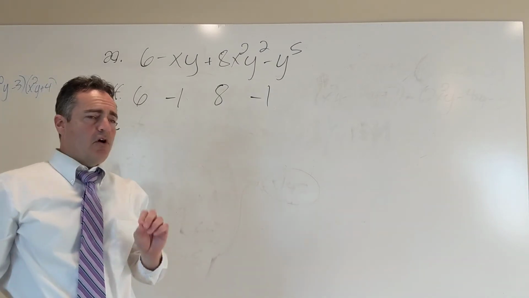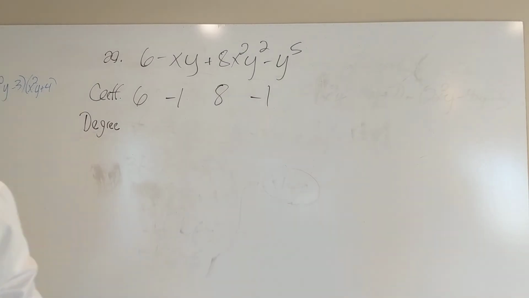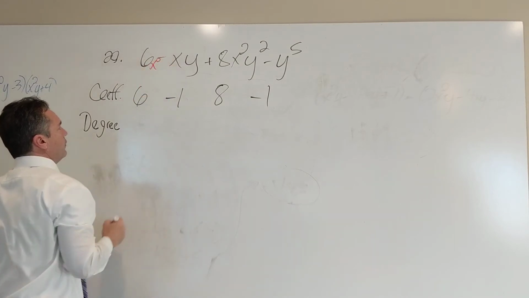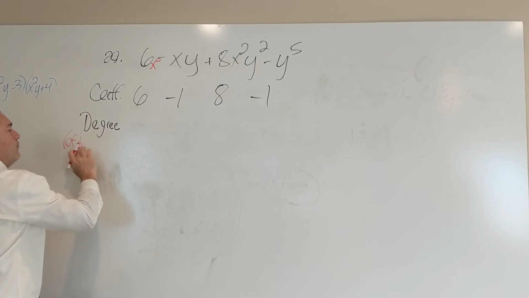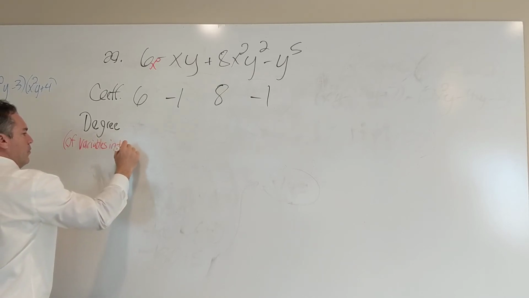Now, let's go through this. The first one here, this is the one that gets kind of funky. We've talked about it. There's kind of a silent x to the 0 here, right? Remember, degree is of the variables in each term, okay?